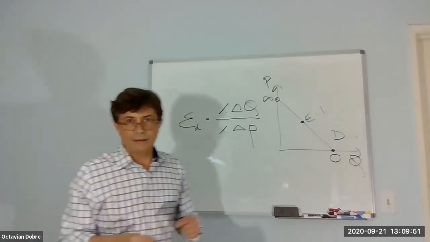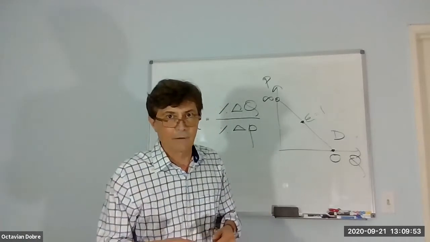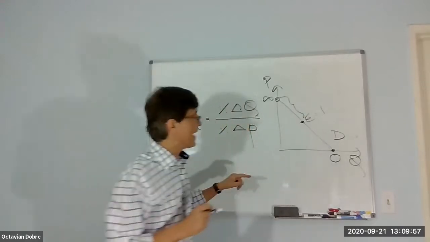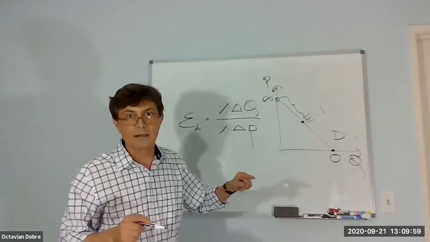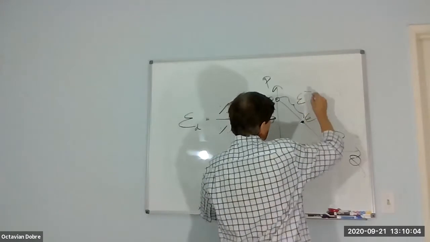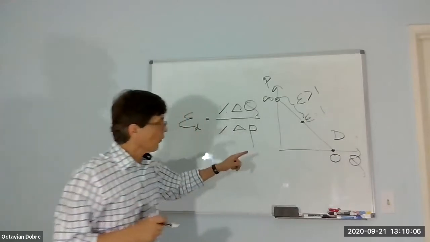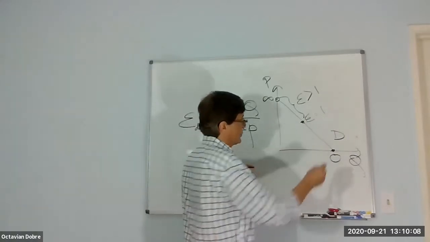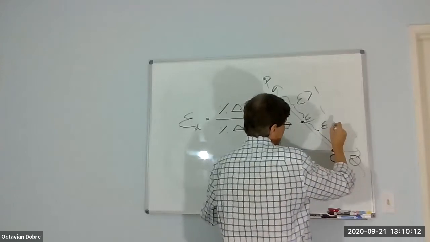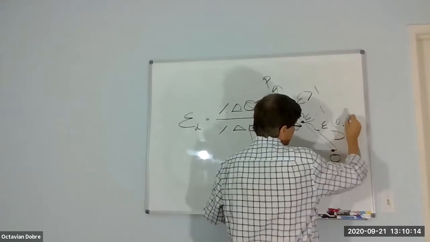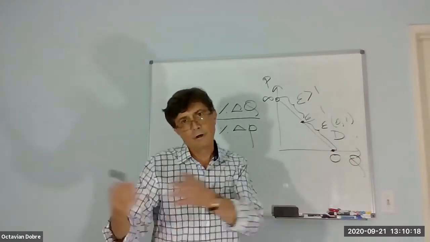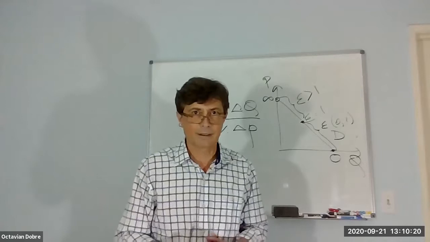Well, what that means is basically that on this portion of the demand curve, elasticity is going to have values greater than 1. And on this portion of the demand curve here, the elasticity is going to have values between 0 and 1. So less than 1, greater than 0. Okay.